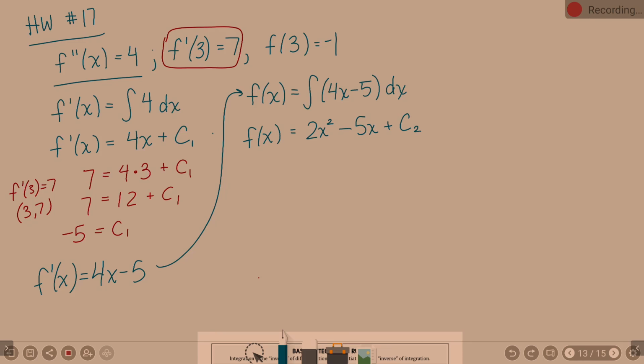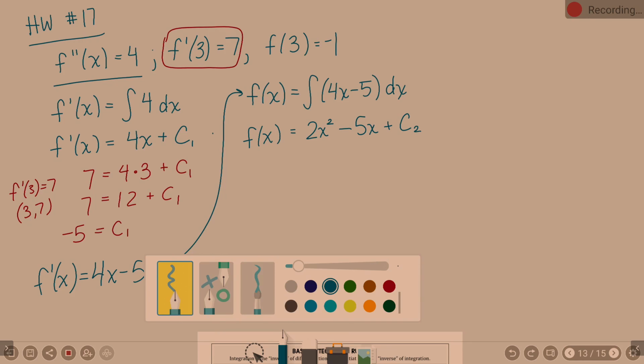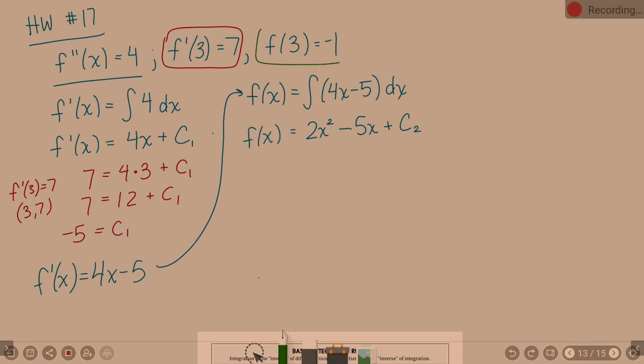So now, we're using the information that f of 3 equals negative 1. So we're using the ordered pair 3, negative 1. So, negative 1 equals 2 times 3 squared minus 5 times 3 plus C2.